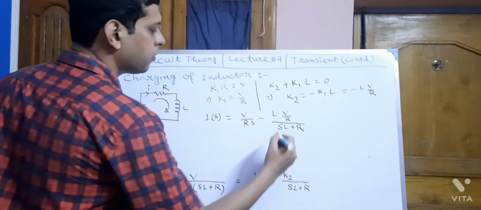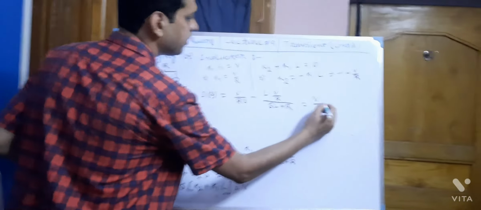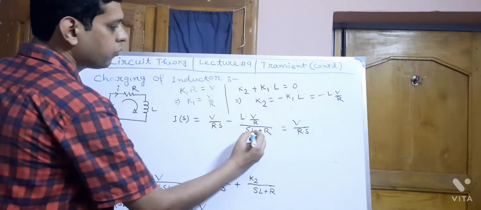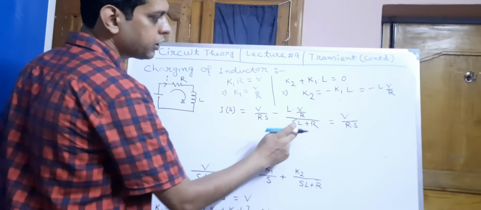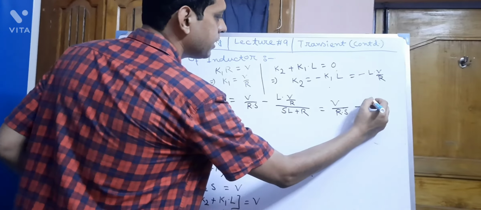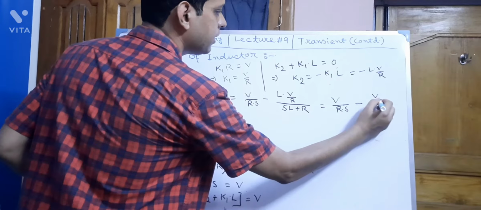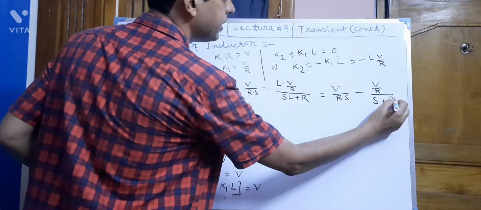Now let us keep the first term as it is, and divide both the numerator and denominator of the second term by L. So we will get V by R into 1 by (S plus R by L).